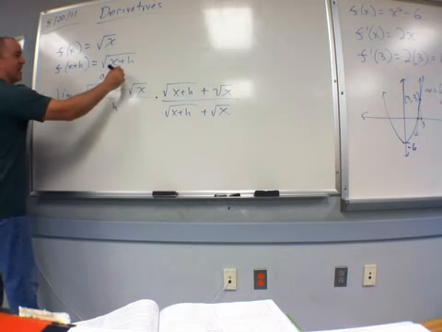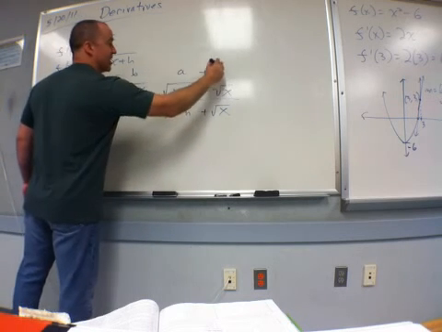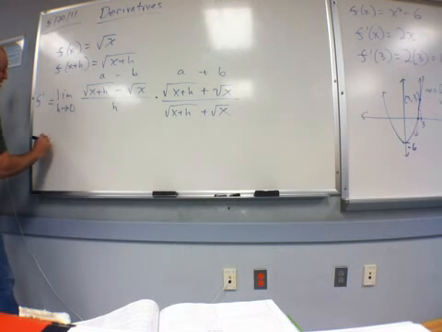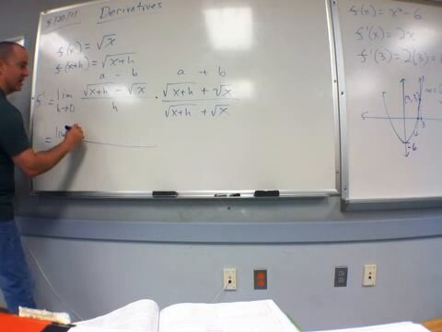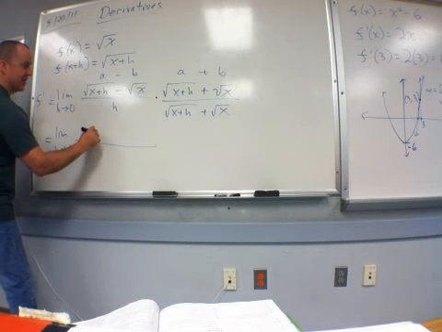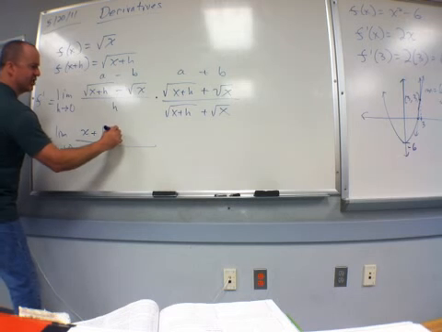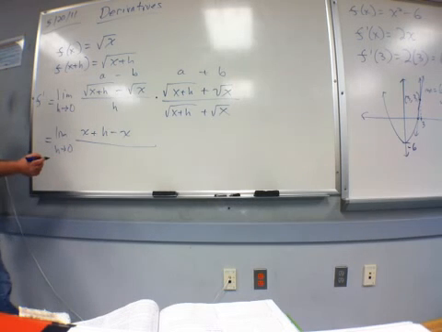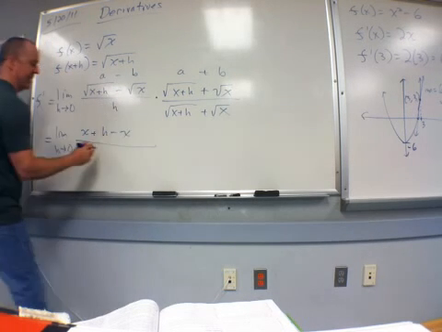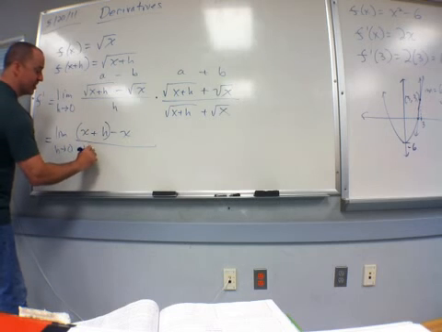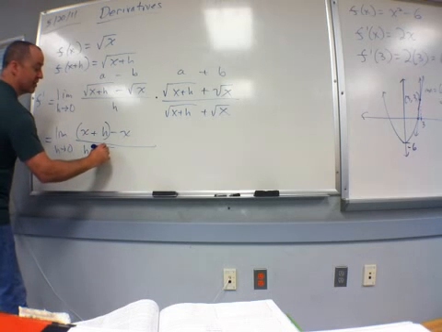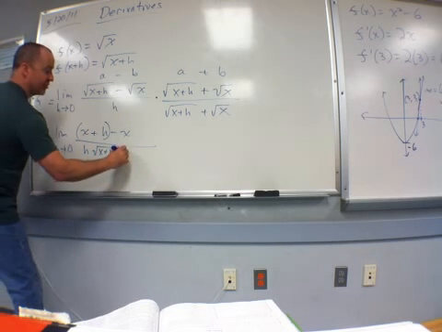This is your a minus b, this is your a plus b, so what you're going to get is the limit of x plus h minus x, just x plus h minus x, right? Here's my a, here's my b, and that's going to be over h times root x plus h plus root x.